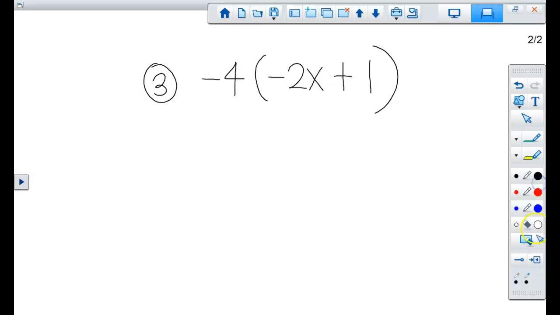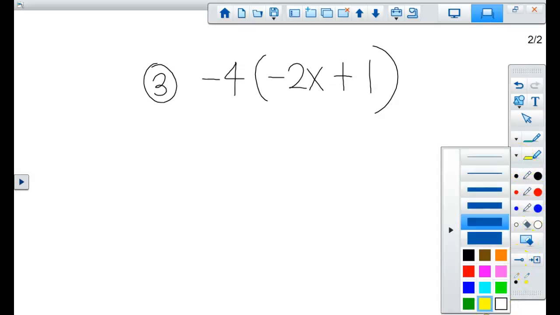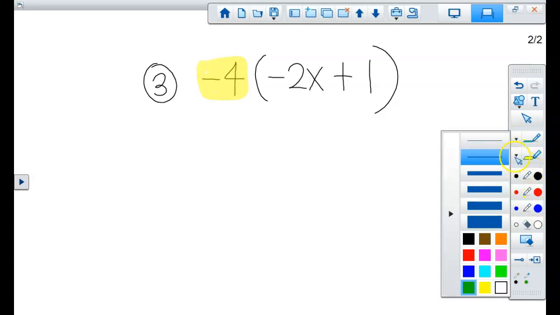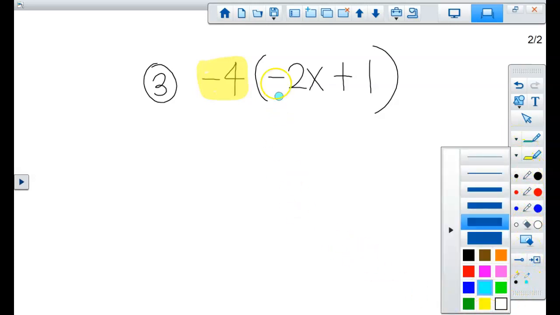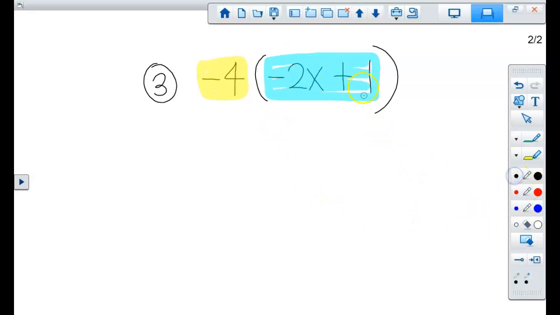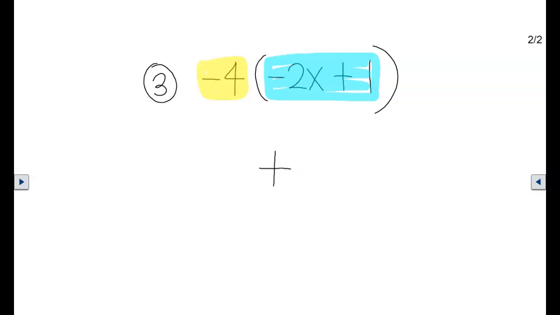All right, this problem is asking me to take negative 4 as my number, and to multiply it by my group, negative 2x plus 1. I'm going to start out the same way by looking at my sign. I've got a plus sign in here, so I'm going to bring a plus sign down and put it here. And I'm ready to go.